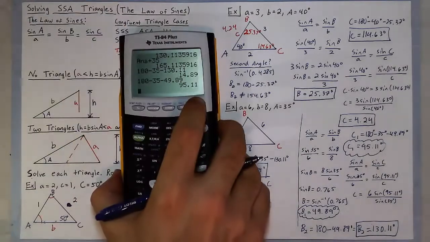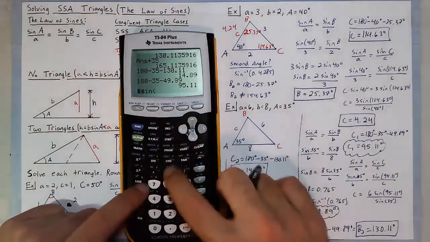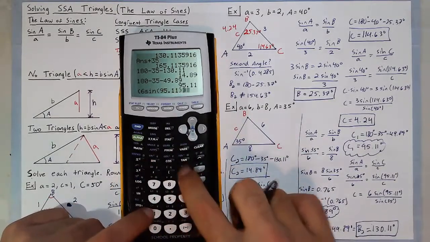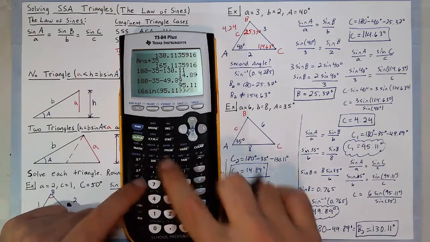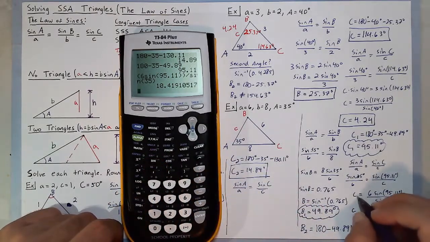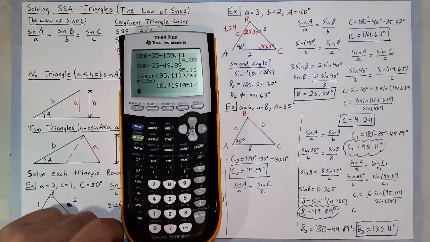And plugging that in, we'll get 6 times sine of 95.11 divided by sine of 35. Gives me C for the first triangle. I should put these C1s in here to label everything. C1 is equal to 10.42.